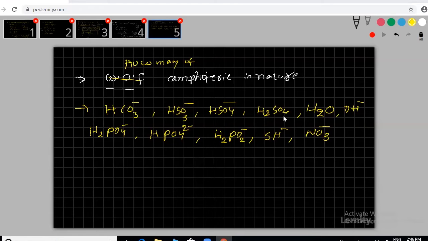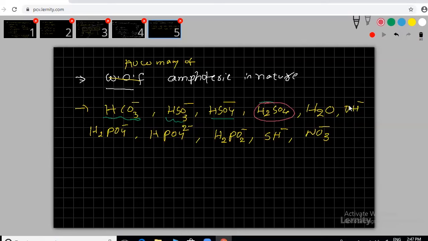Things are done. It can act as amphoteric: it can donate H plus and it can accept H plus. But this one can donate only H plus ion, so it can't accept, so this is not possible.